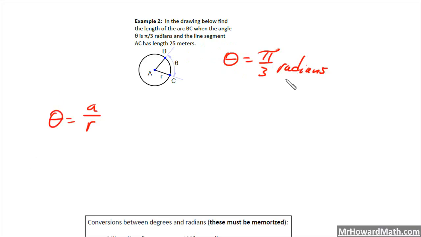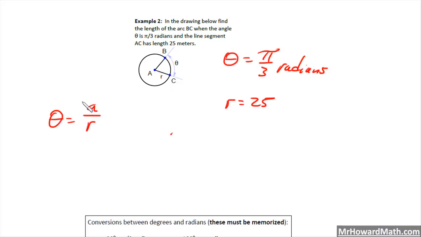This one already is, so we don't need to convert anything. And the line segment AC, in other words this radius, has a length of 25 meters. They didn't tell us the radius directly, but they tell us that AC, that is the radius, is 25 meters. So we'll fill that in.